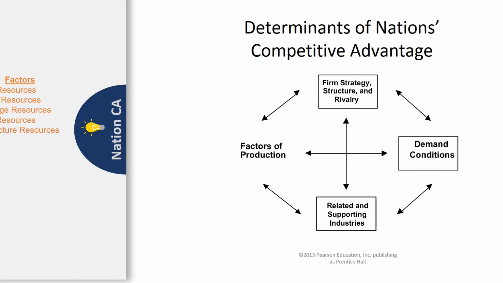And the four determinants are factor conditions, demand conditions, related and supporting industries, and firm strategy, structure, and rivalry. These are the major determinants in the model, but they're not the only ones. The model also shows that there are two extra determinants that can influence any or all of the four determinants, and these are government policy and chance conditions. So let's look at each.